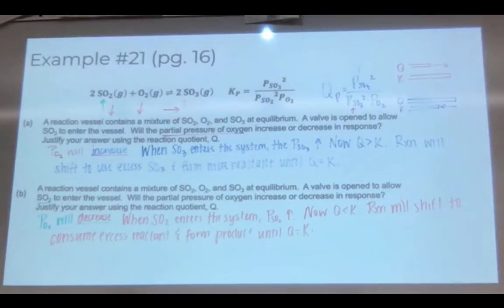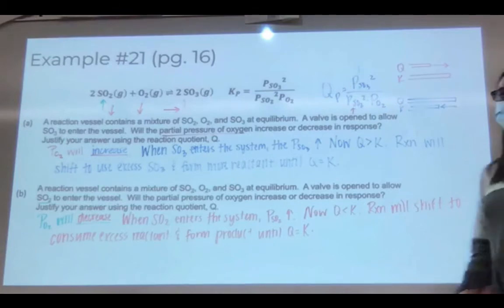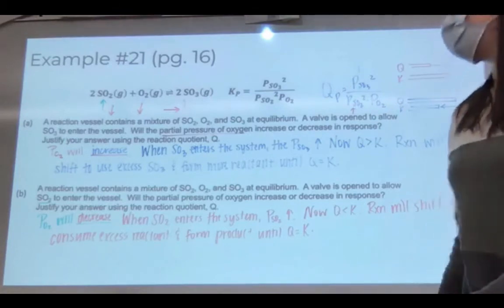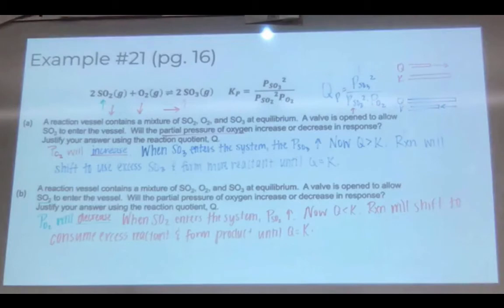So we're talking about what's going to happen to the pressure by comparing Q versus K. These are actually sample free response questions that College Board has released. So you're still thinking about how it shifts, but then we're going to compare Q to K.